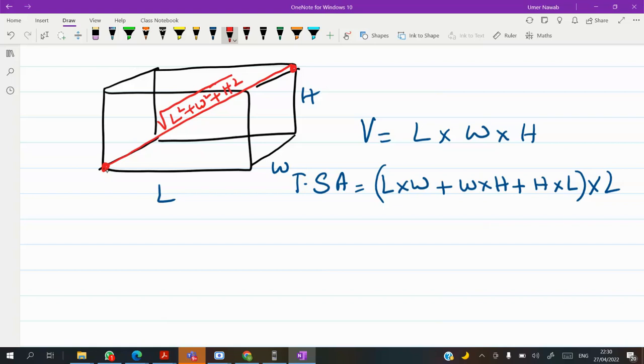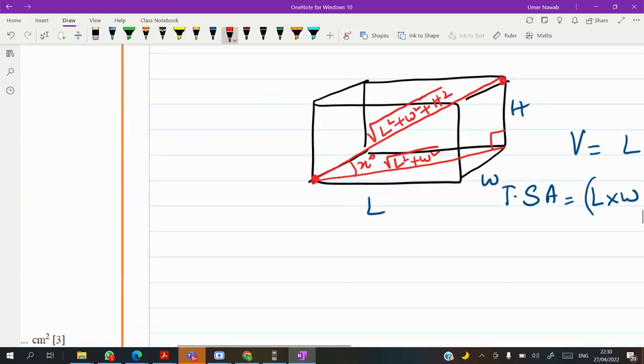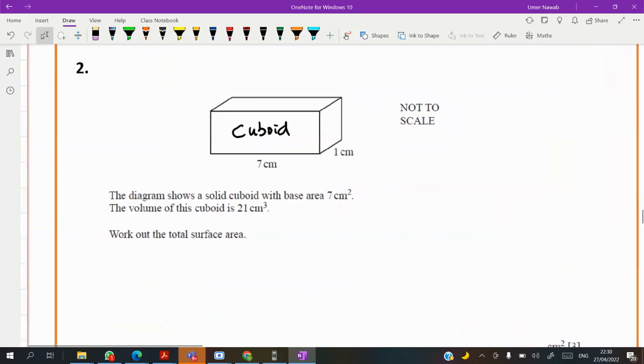But if you join the corners which are on the base, then by Pythagoras theorem it is L squared plus W squared. Sometimes the examiner asks what angle the diagonal makes with the base. At that time, we will find x, consider it as a right angle triangle, and then SOHCAHTOA can be applied to find the required angle. So let's see what this question is all about.